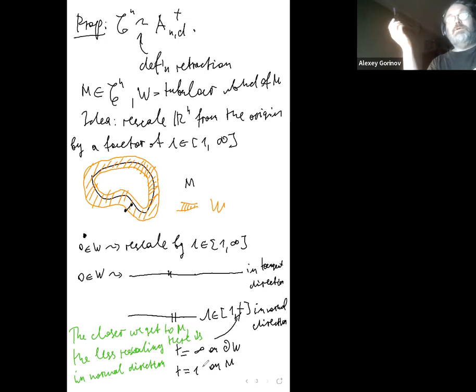Well, if the plane passes through the origin, nothing happens. The plane just stays still.